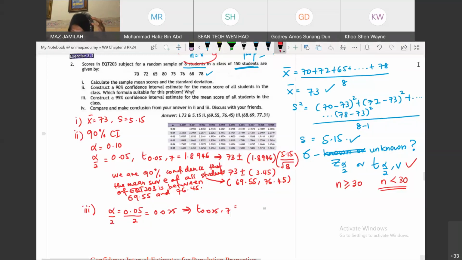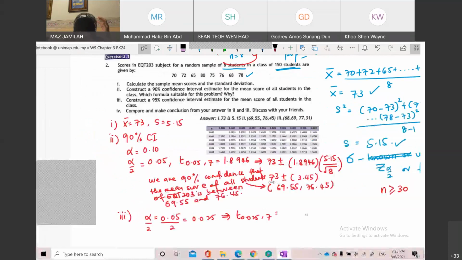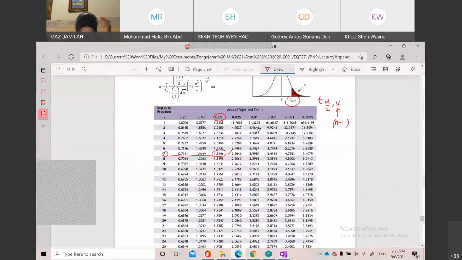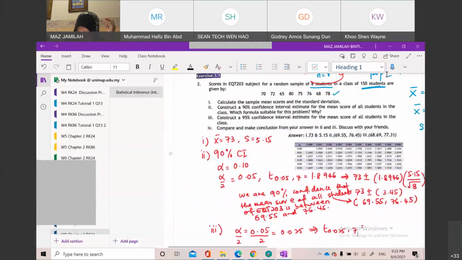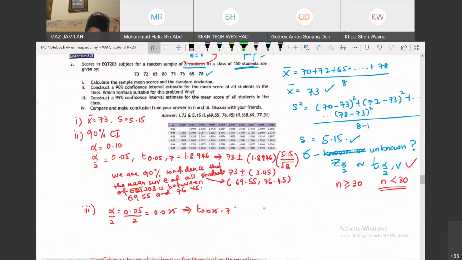Check your T distribution. 0.025, v equal to 7, you will get 2.3646. Okay, so calculate.